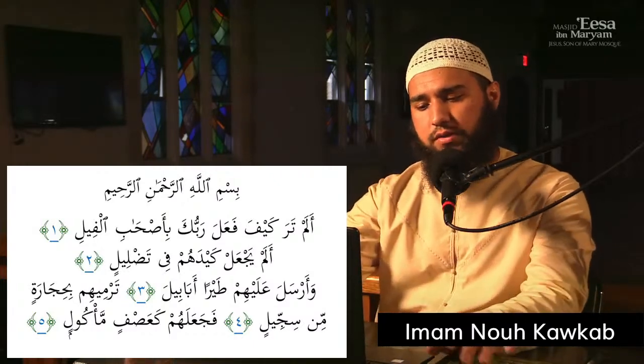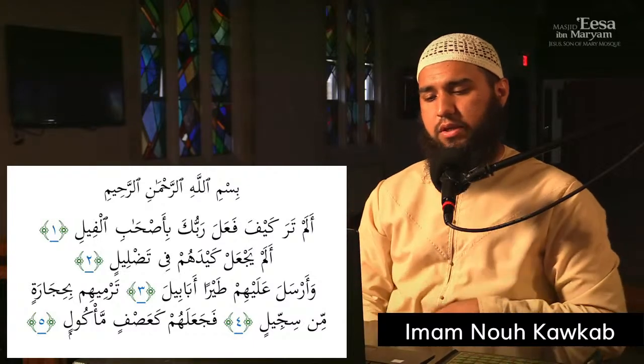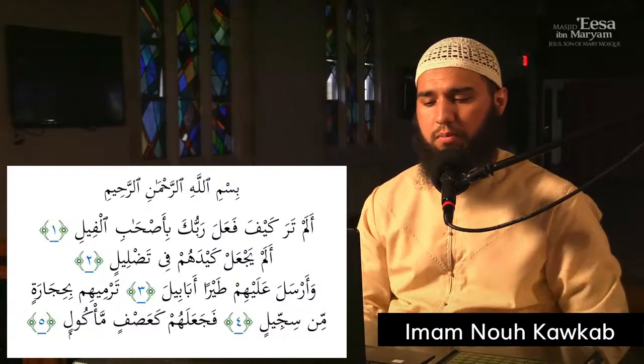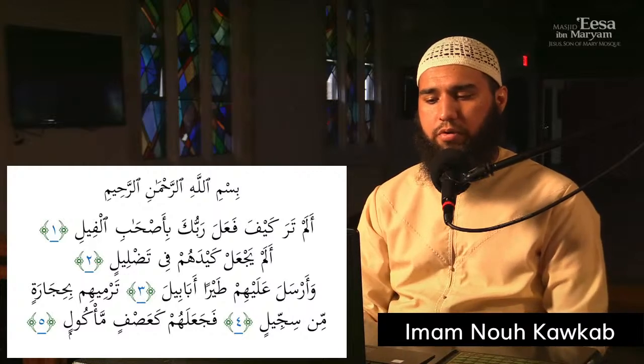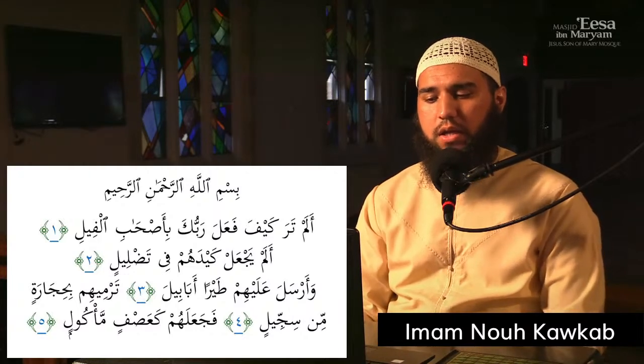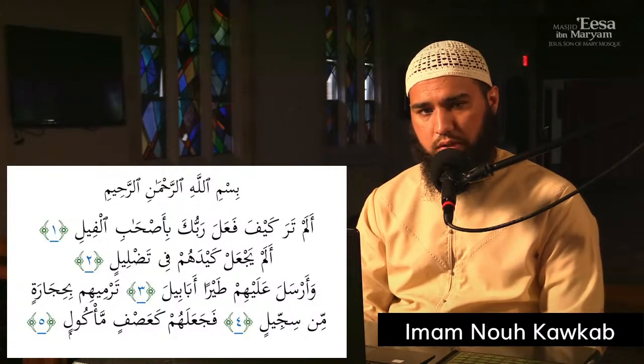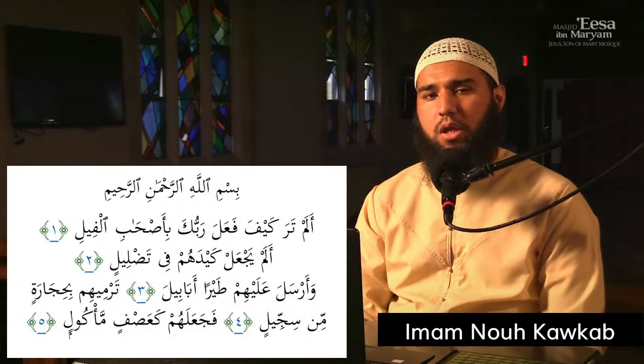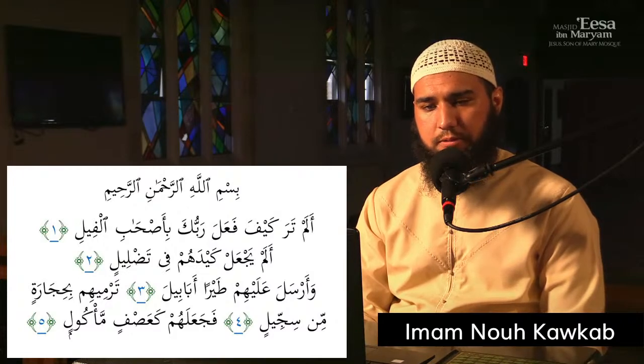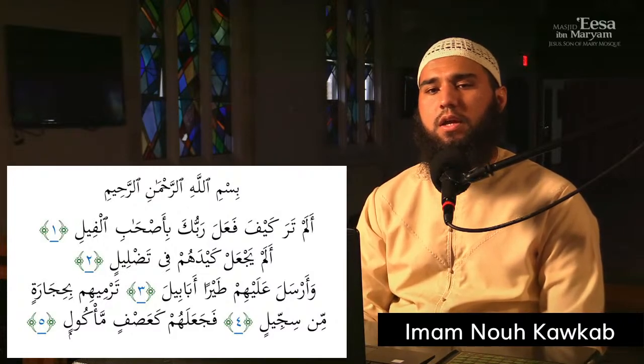After tanween is coming the letter mim. That means the rule that will be applied here will be idgham. So the tanween will be merging into mim. And we will say bihijaratim.